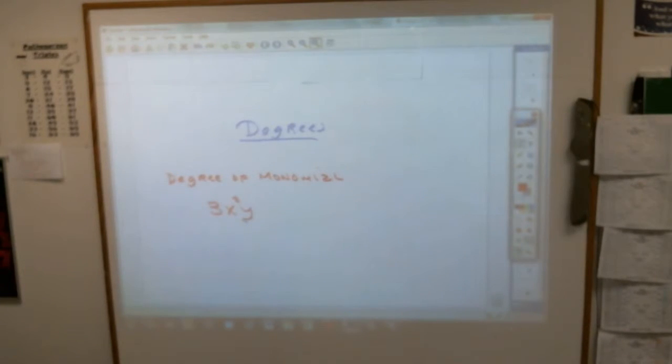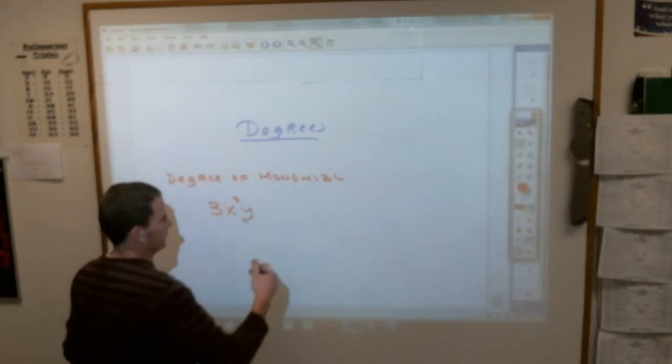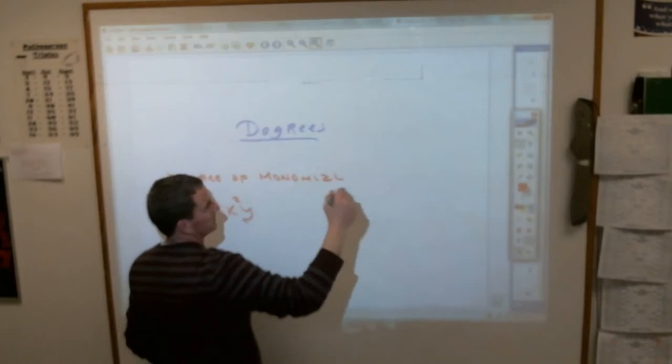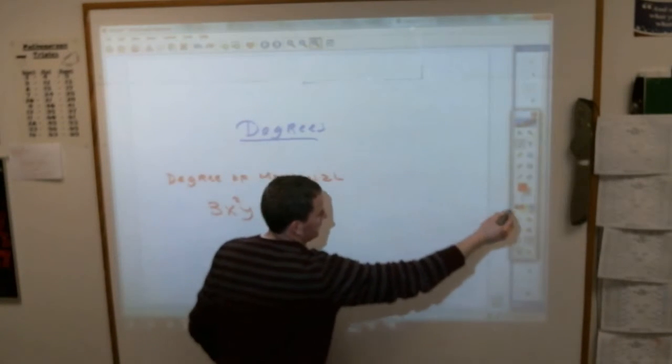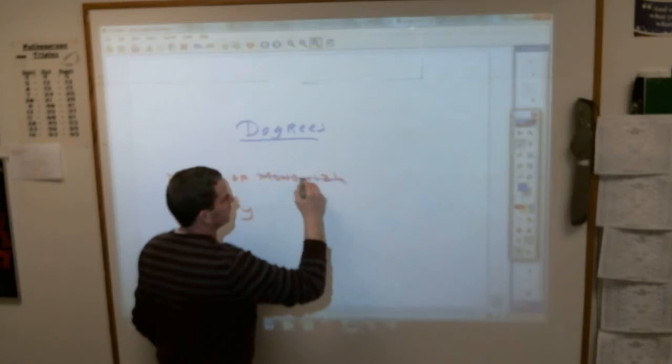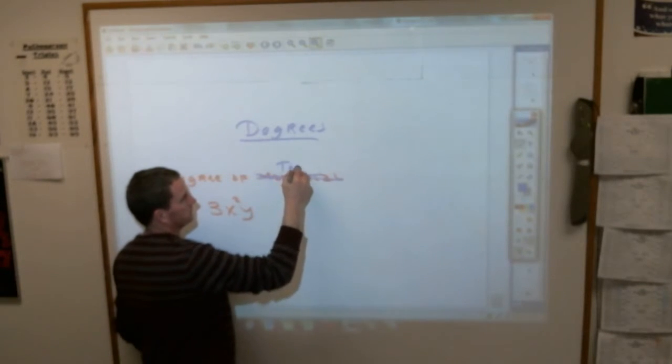I'm looking for the definition here. The highest degree of any term. I'm trying to look at the best way to define that here. A degree of a term. I guess I should have written that instead of monomial. Cross this off and just say term, even though it'd be the same thing.